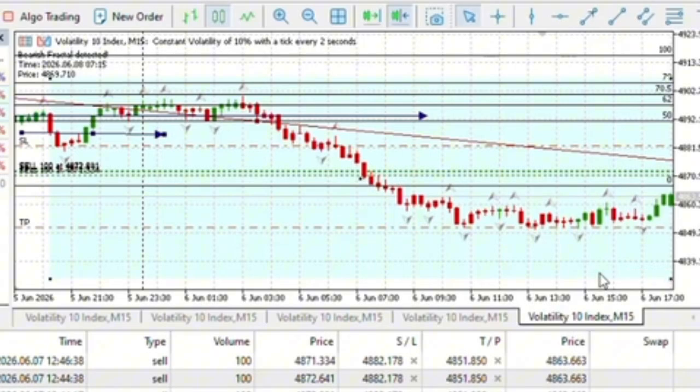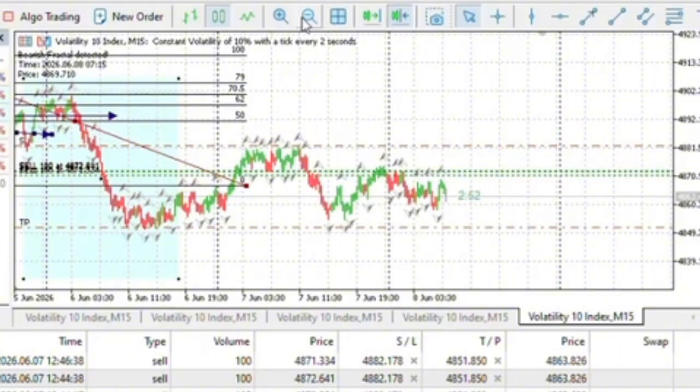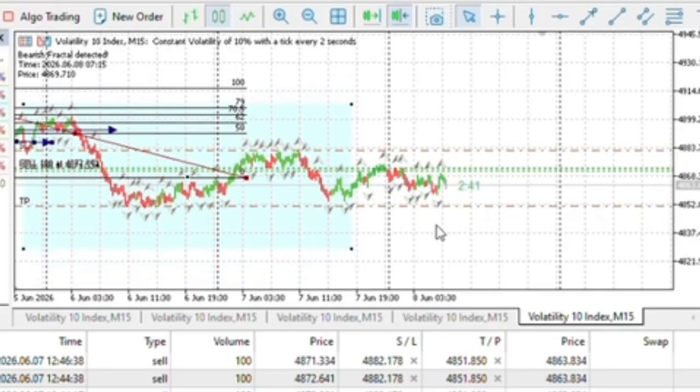Let me do 1:2 like this. So the market is coming down. Or you can just take it at this previous swing low, right?